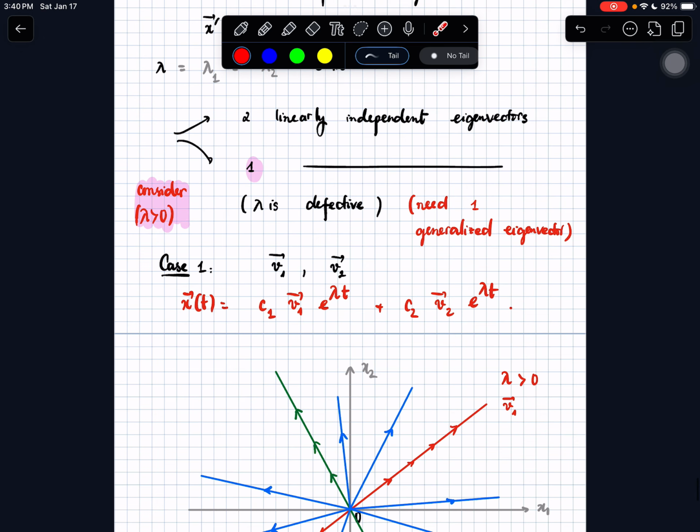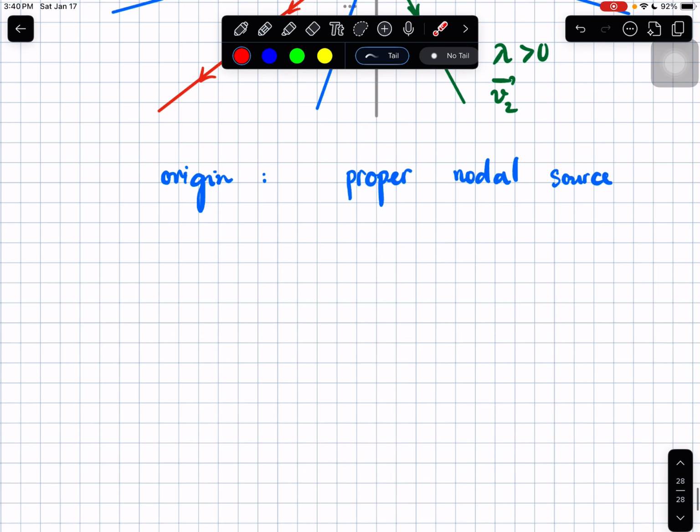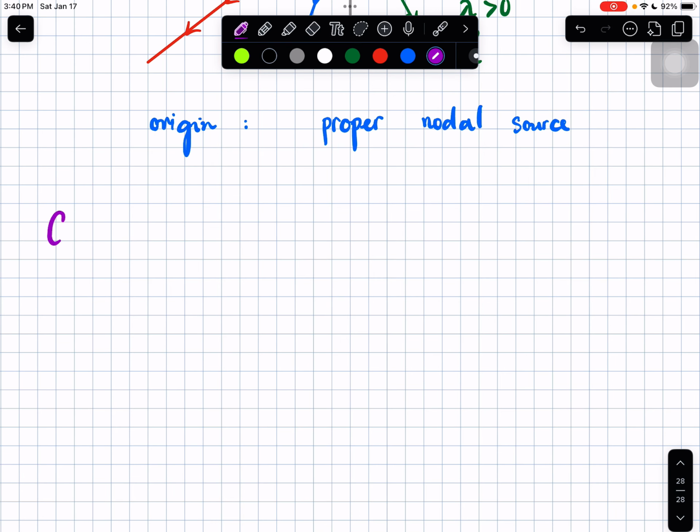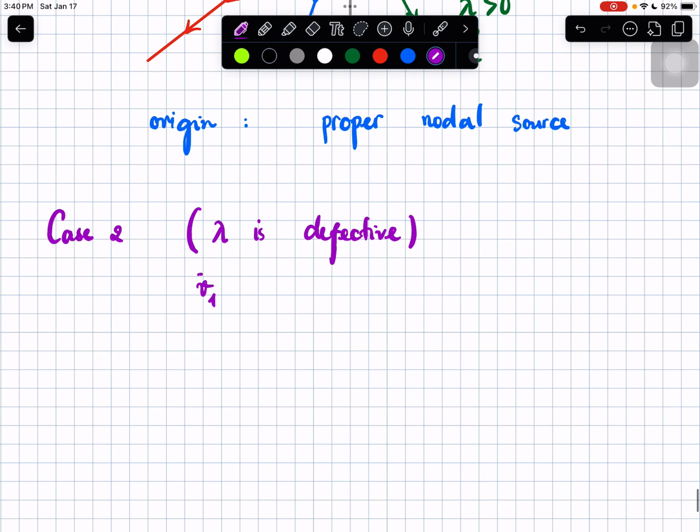Now consider case 2, where lambda is defective. We have one actual eigenvector v. We need to rebuild that v1 anyway, but for now let me just use v, the actual eigenvector corresponding to lambda. Now we try to find the generalized eigenvector.